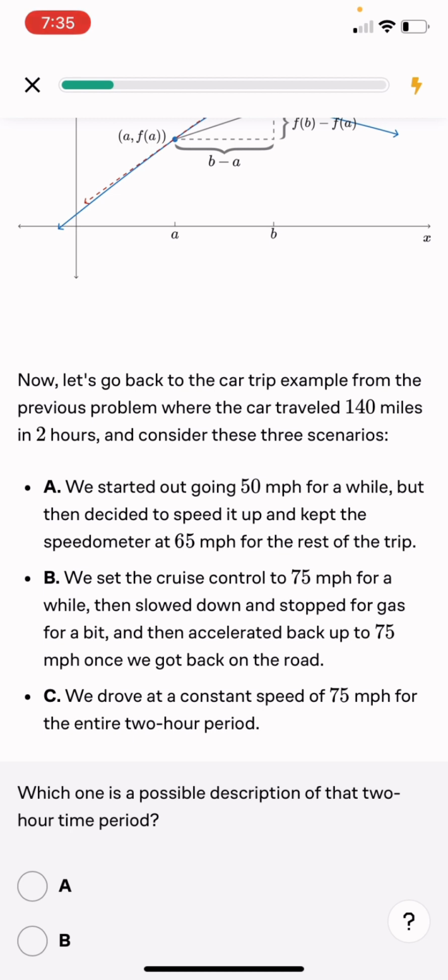C, we drove at a constant speed of 75 miles per hour for the entire 2-hour period. Which is a possible description of the 2-hour period?